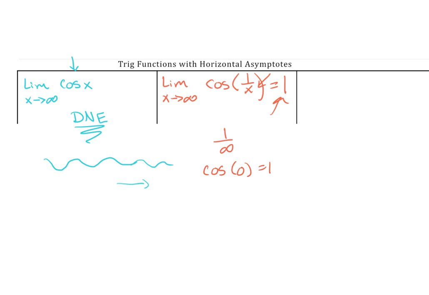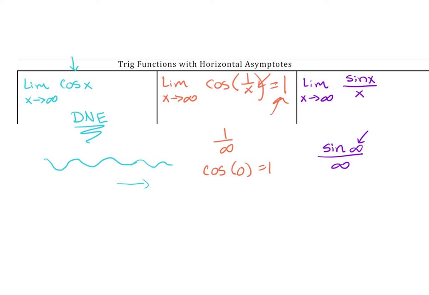And last example, similar to this last one. Limit as x approaches infinity of sine x over x. So let's think about sine of a really large number over a really large number.